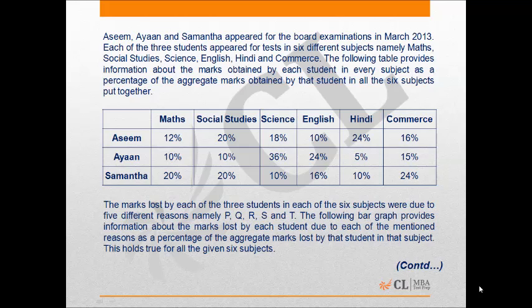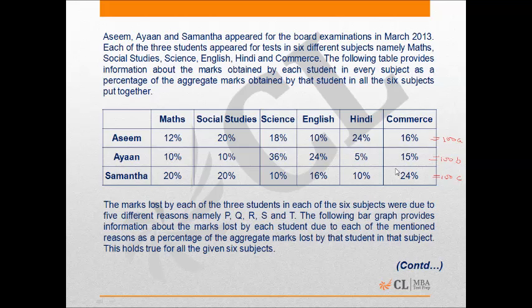So first of all, to solve this question, let's assume this total figure to be equal to 100A, this equal to 100B and this equal to 100C. So the sum of all the marks of Asim is 100A, for Ayan it is 100B, for Samantha it is 100C.